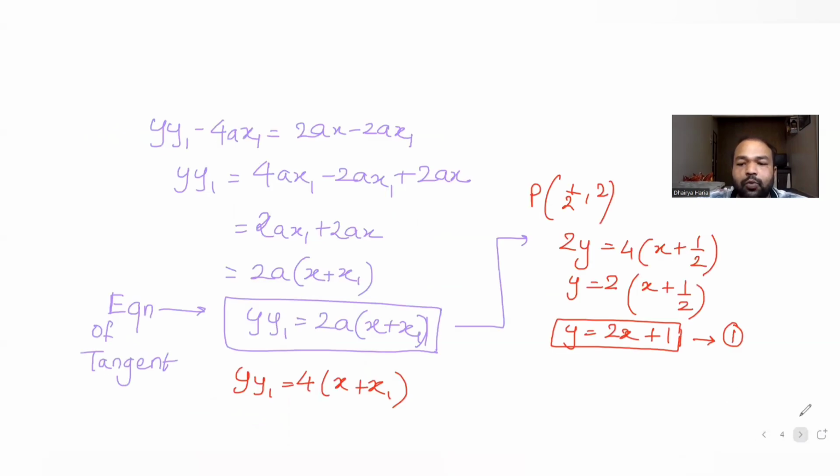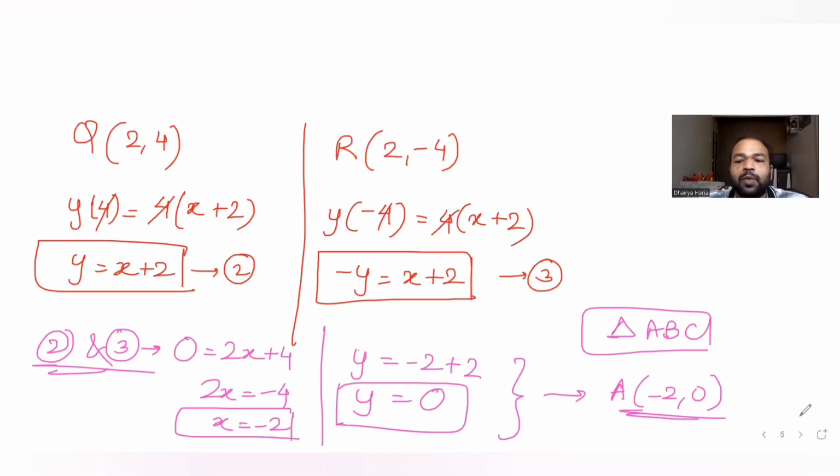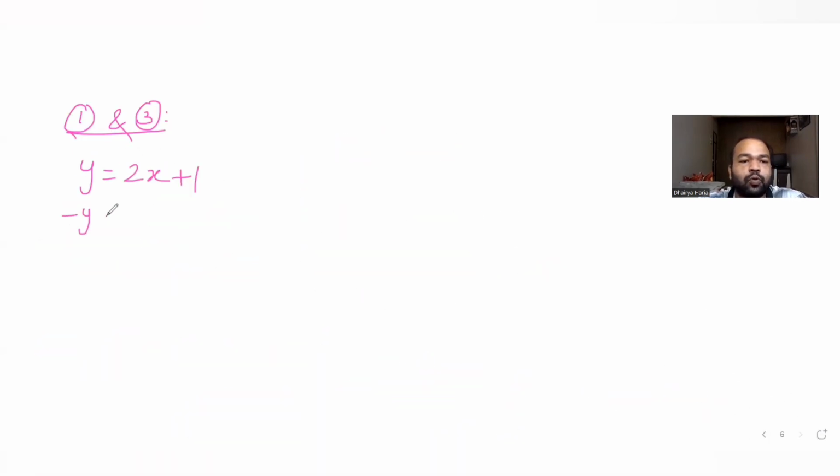So if I solve equation 1 and 3, equation 1 was y is 2x plus 1. And the third equation, we know it is minus y is x plus 2. Again, if I add them, y gets cancelled. You get 3x plus 3 is equal to 0.